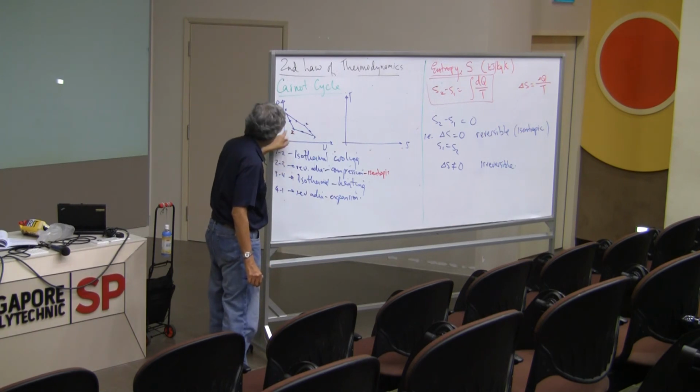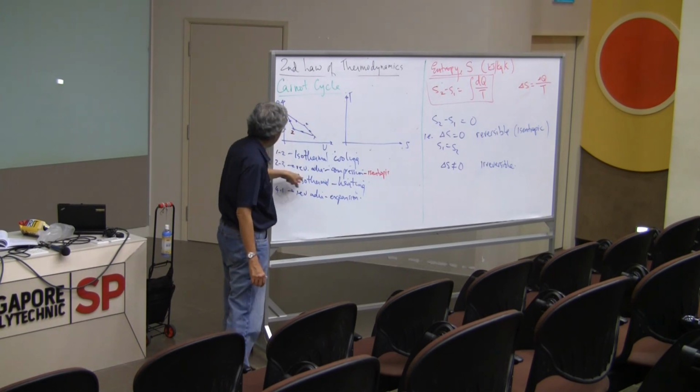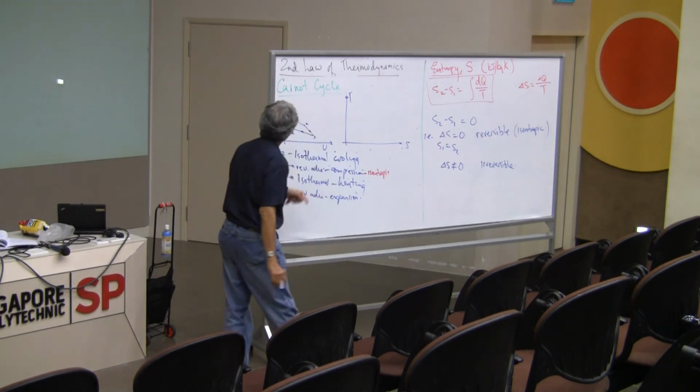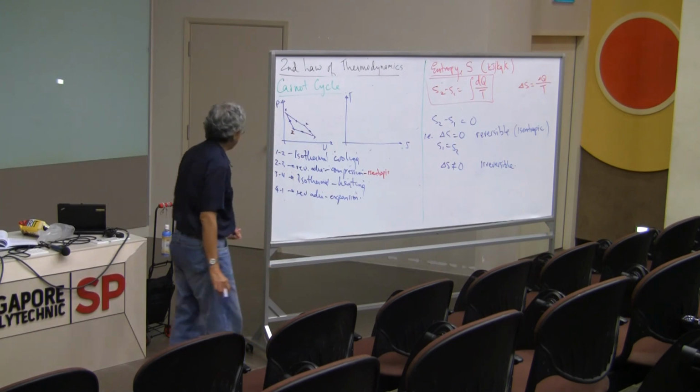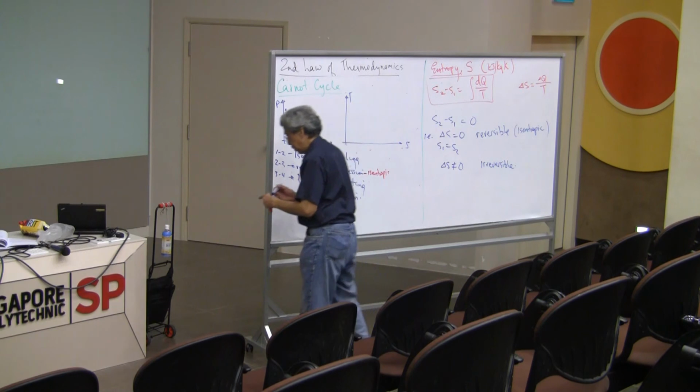Okay, 2 to 3 reversible adiabatic, reversible compression. 3 to 4 isothermal heating. 4 to 1 reversible adiabatic expansion. This is isentropic.